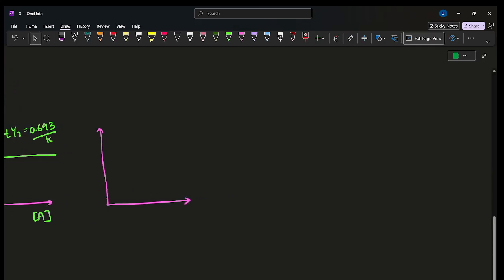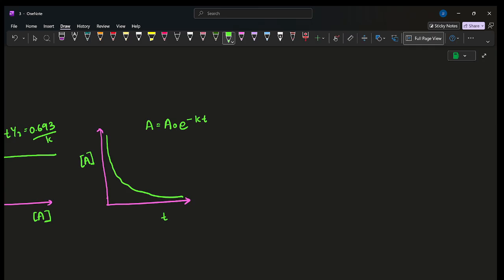Moving on, let's go to the hard part. Let's say we take concentration of A as well as time. So how is the actual reaction? It's something like A is equal to A naught e power minus kt. So what are we going to take it as? An exponentially decreasing function. Definitely reactants, as time goes, are going to decrease. But this time it's going to be exponential.